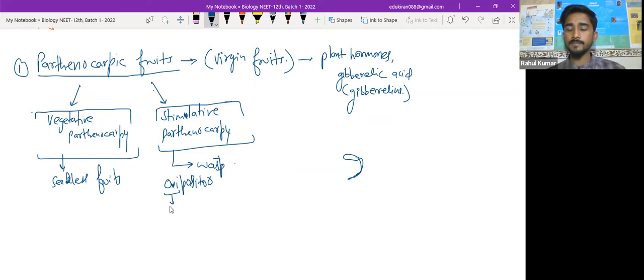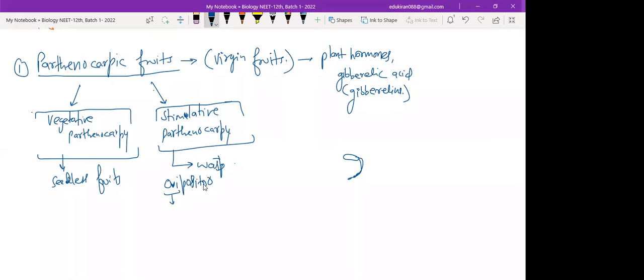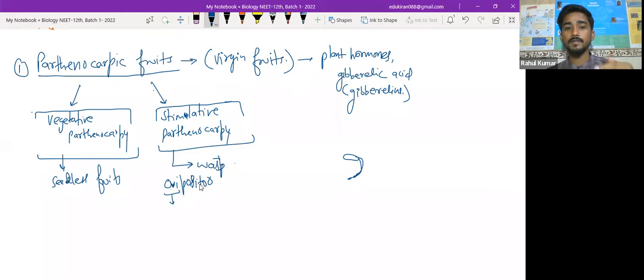Oviparous, viviparous. Depositing eggs. Yes, and positor comes from depositor. So you are depositing eggs. It is a structure present in the abdomen of the wasp, which helps in depositing eggs into something.